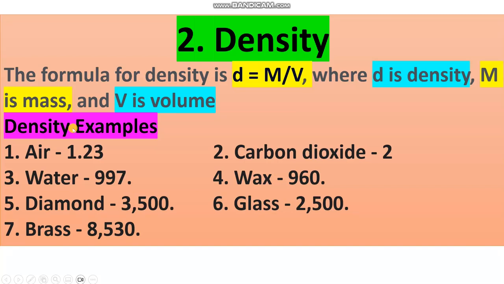Some examples for density: the air, water, carbon dioxide, diamond, glass, brass. Look here, the brass has the heaviest density, the largest density for these examples.